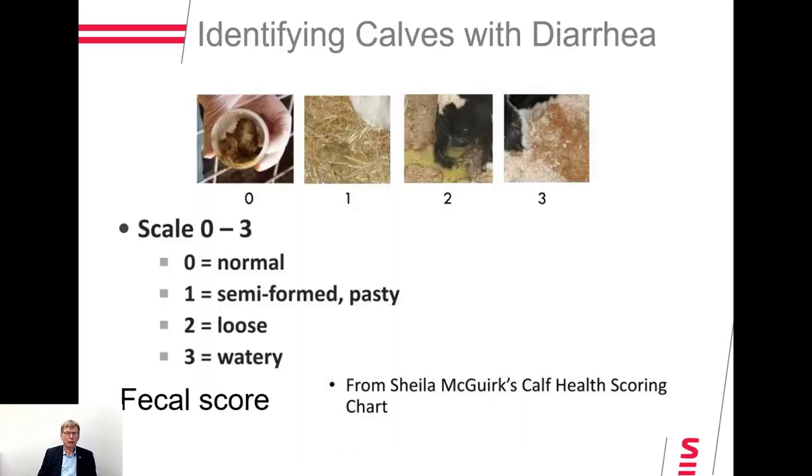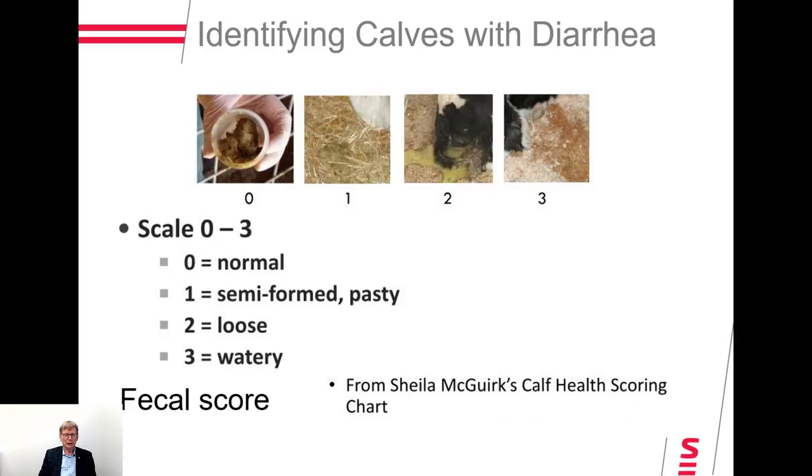So, what are we looking at when we have calves with diarrhea? First of all, let's look at the diarrhea score. The score of 0 is normal, 1 is semi-formed or pasty, 2 is loose, and 3 is watery.